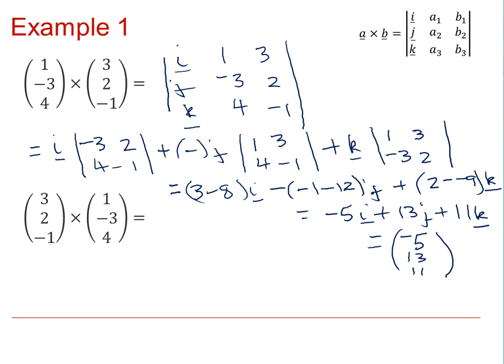You may wish to pause the video now to check that working for yourselves, and also to check what you would obtain if you did the cross product of (3, 2, minus 1) with (1, minus 3, 4).